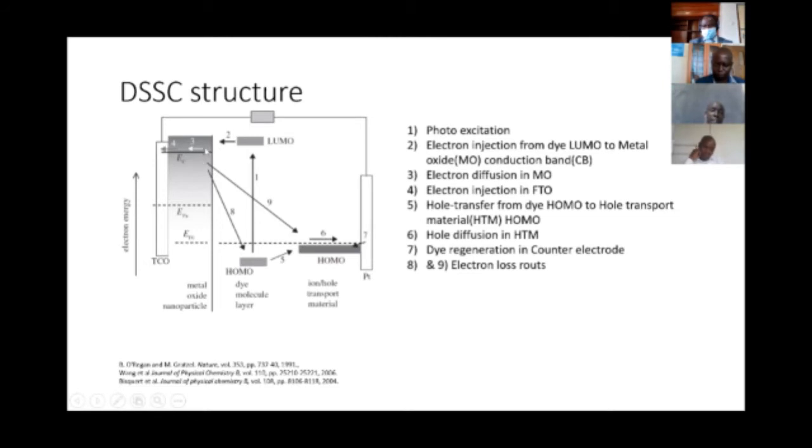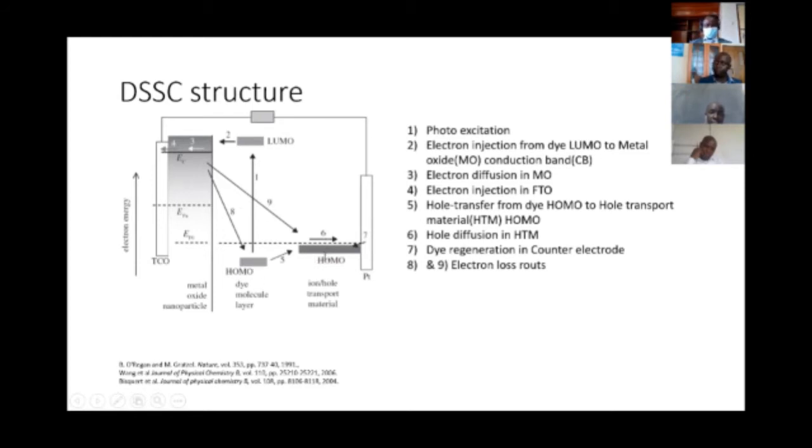Process 3 indicates the movement of electrons through TiO2, and then process 4 indicates the injection of electrons to the FTO glass substrate. As that happens, the dye receives an electron from the redox couple, and in a way, the hole will eventually move from the dye to the redox couple through process 5.